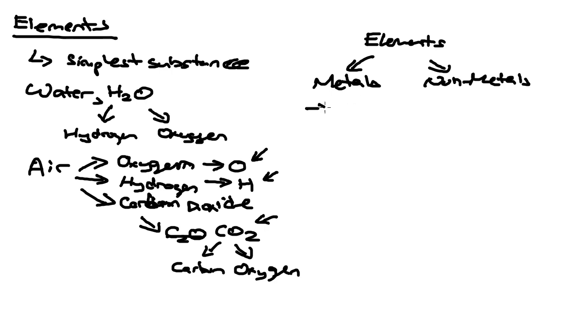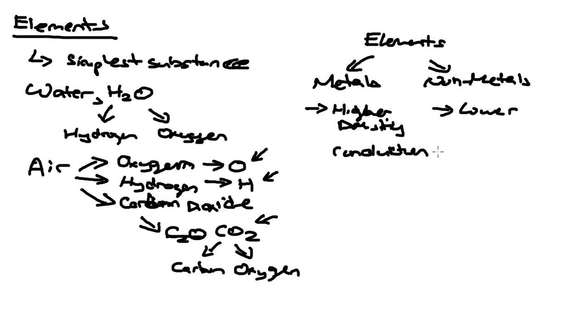Things like their densities: metals have higher density, and non-metals have lower ones. And things like conduction: metals are good conductors of heat and electricity, and non-metals are not so good as conductors of heat and electricity. There are a couple of other different properties, and you will have to remember them.